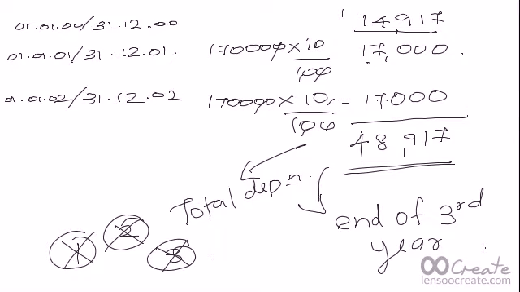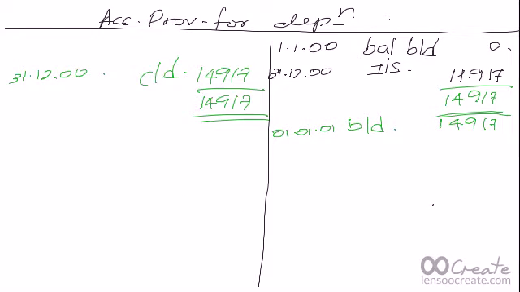Second year, the amount that we have calculated is 17,000. So write 31/12/2001 income statement 17,000.